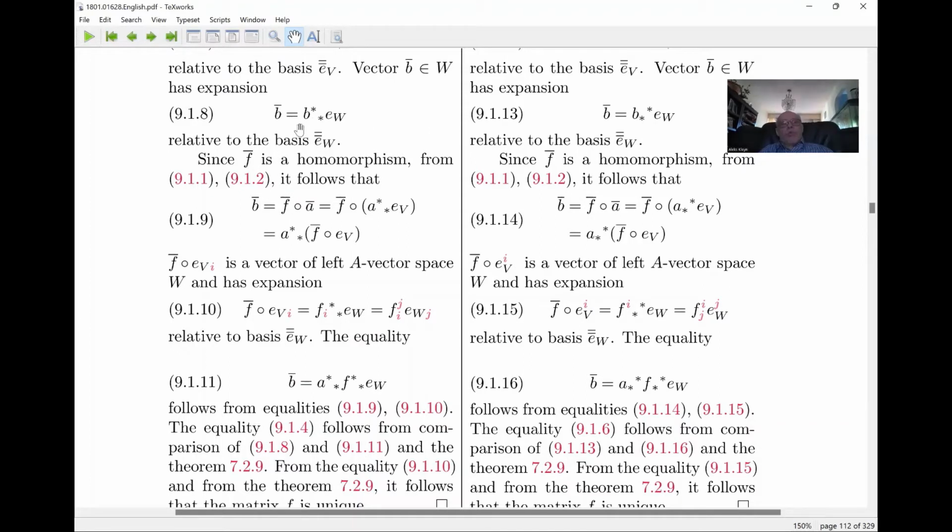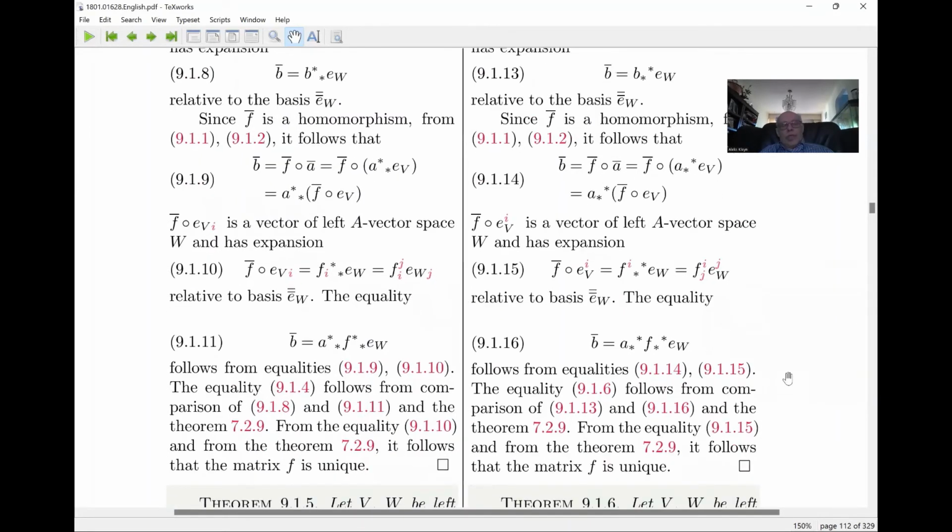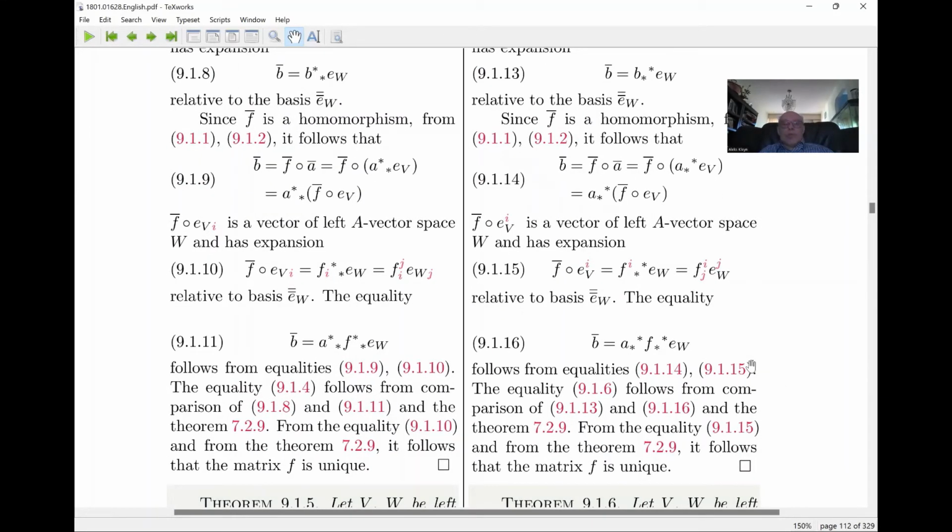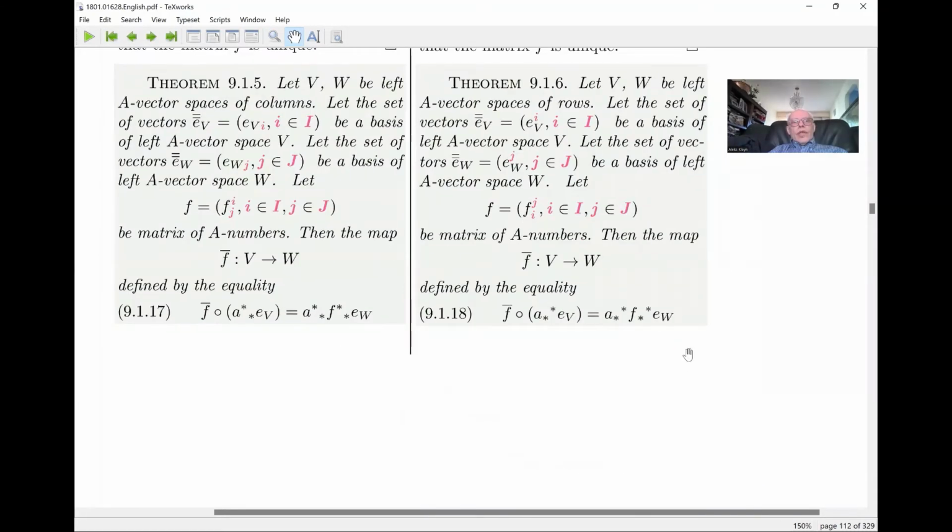Because coordinates of vector related to the basis are defined uniquely, it follows that b equals a F. We finish the proof of the theorem.